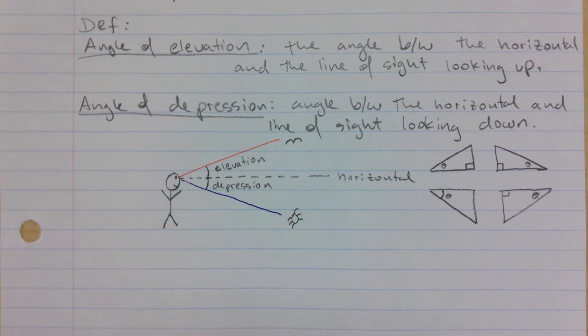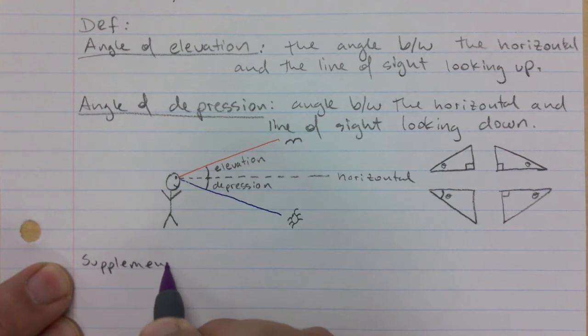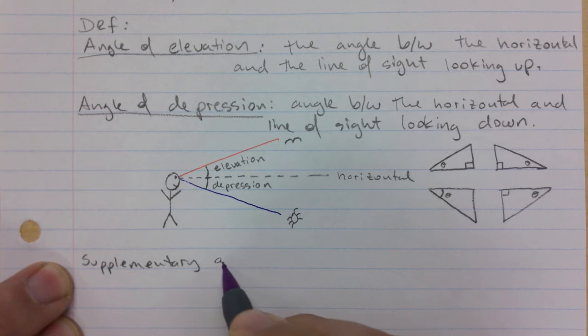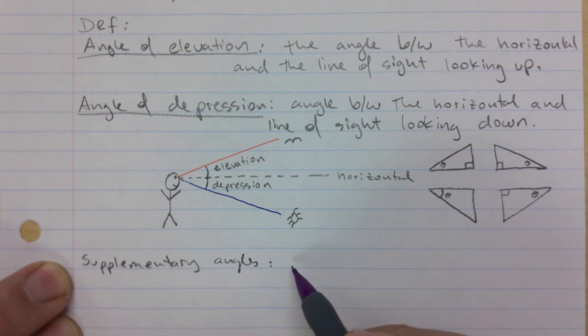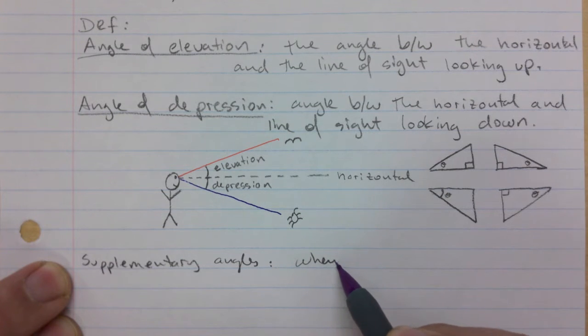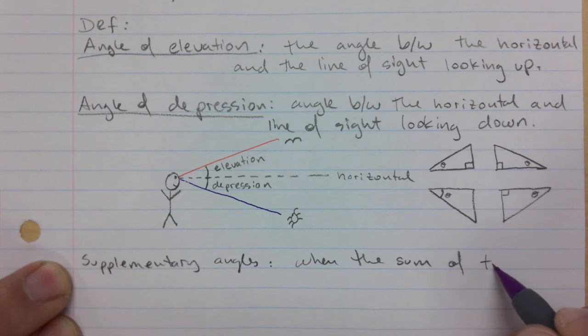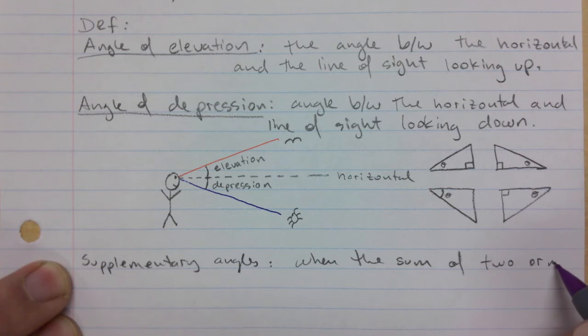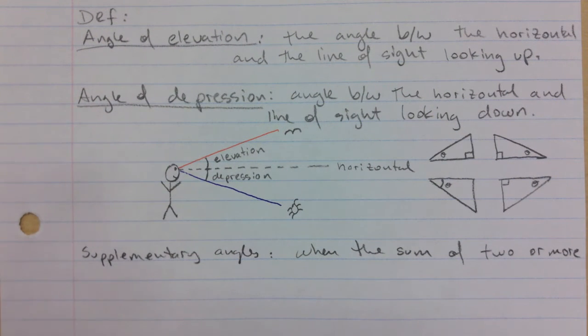So there it is. You also need to remember your supplementary angles. When the sum of two or more, we always think it's always two, they're supplementary because if one is 120, the other one is 60, yes, but it could be more angles involved.